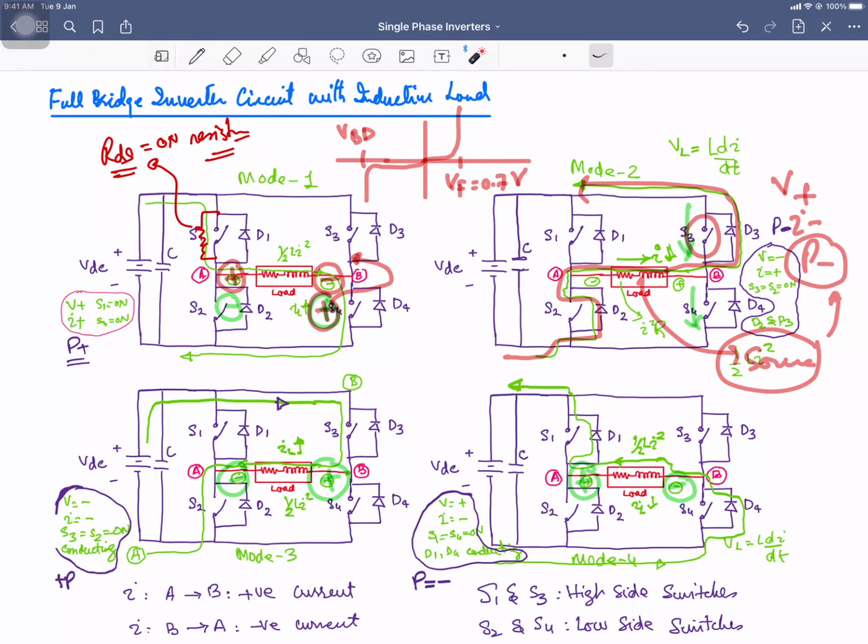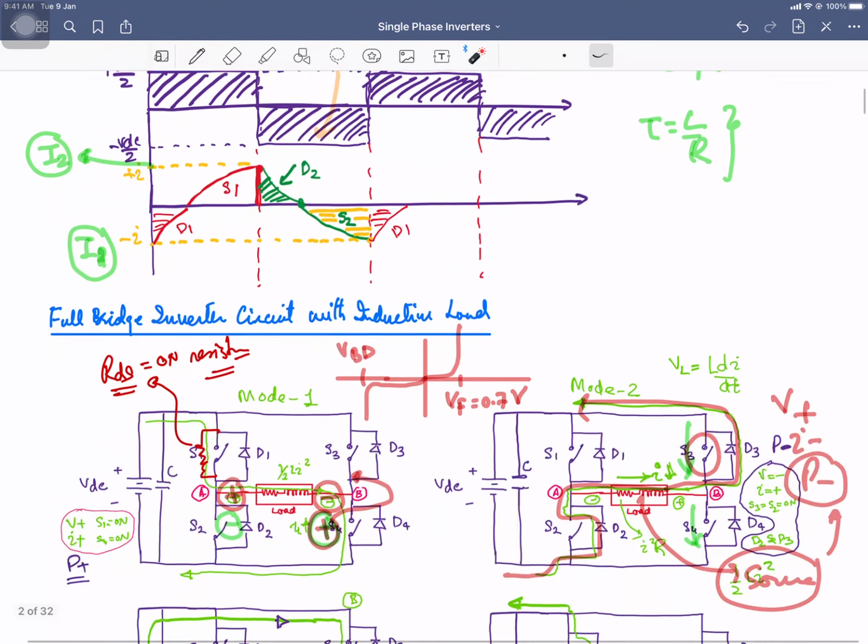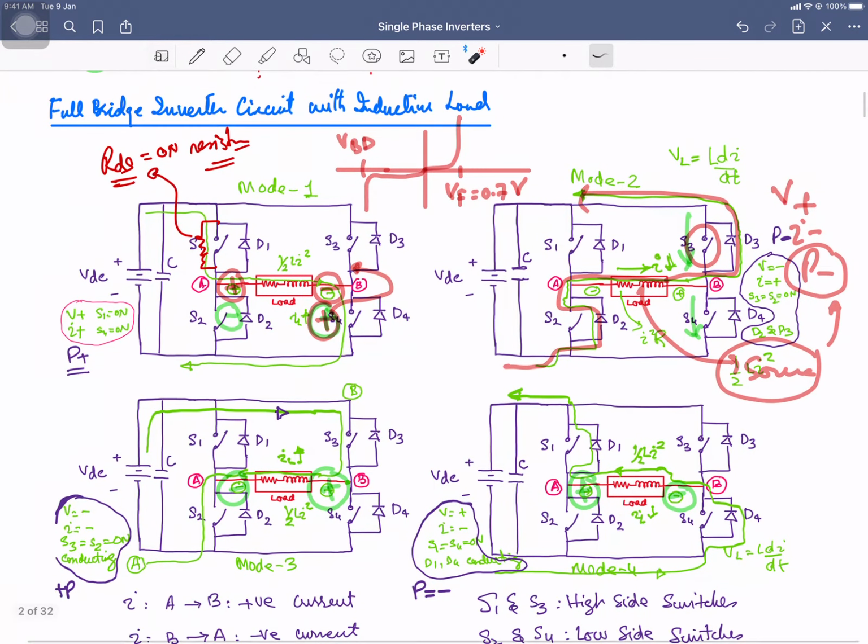So now what is the advantage of using four switches? You were getting the square waveform with the half bridge as we discussed. If you look at the waveform over here, what you will be getting at the output, when you turn on the switches S1 and S4, you will get positive voltage across the load, right.